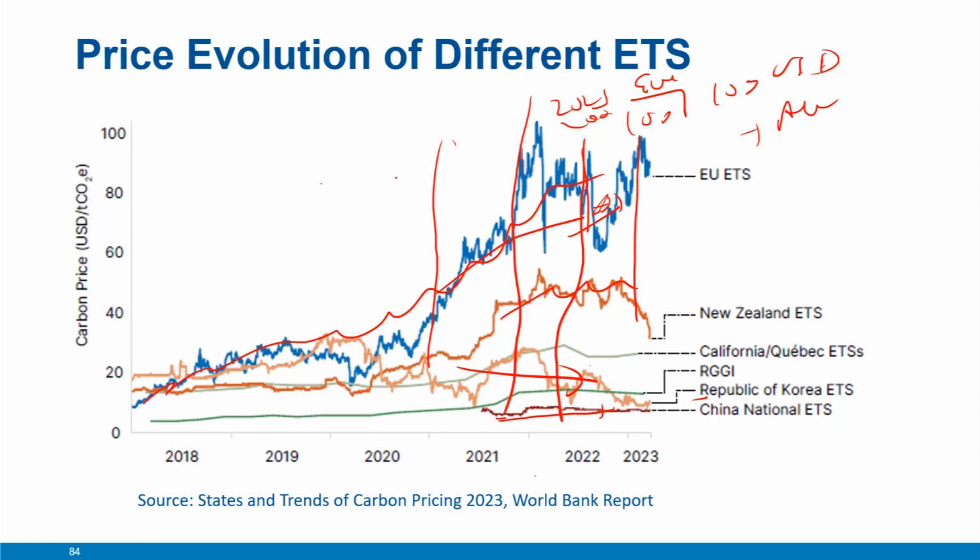So just to summarize our discussion, since 2005, since the inception of the EU ETS, a large number of emission trading systems have come up and they are doing fairly well, particularly systems in China, UK, and so on. And carbon prices have been steadily increasing. They have weathered the storm and challenges related to the COVID crisis and geopolitical crises such as Russia-Ukraine.